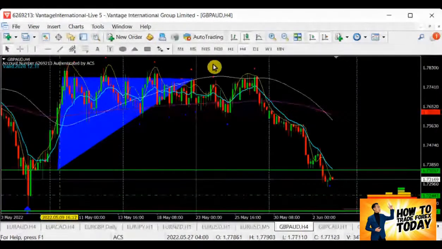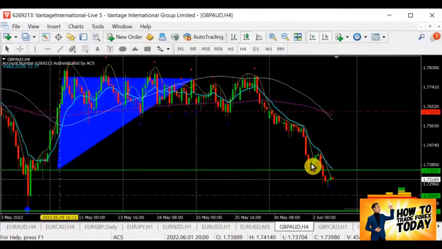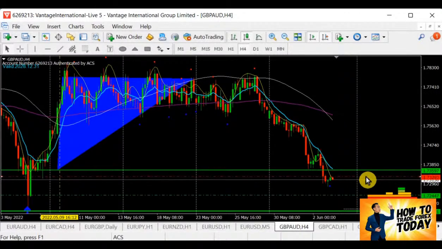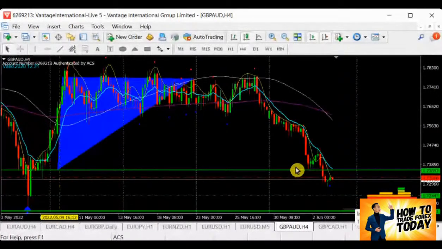Now we are in the trending market, and there's a smaller pullback coming down for a lower low. Right here, as you can see, there's a resistance level building up as well. So Pound Aussie is possible, and when the pullback comes again later, there may be a chance for entry.